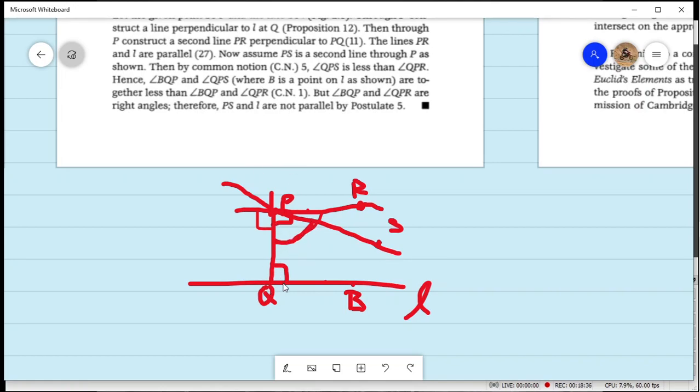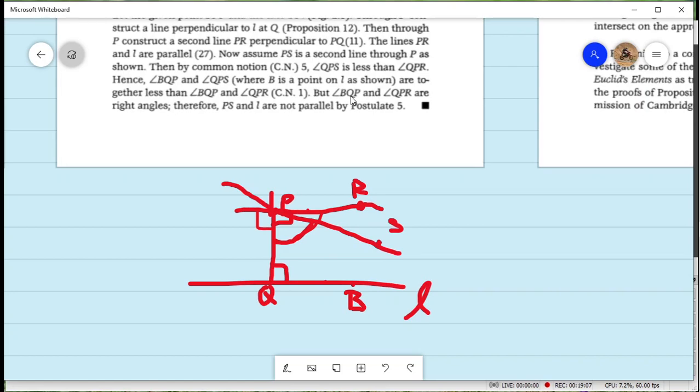The sum would be less than 180 because this is less than 90. Meaning these two angles together would be less than BQP and QPR, by common notion number 1.